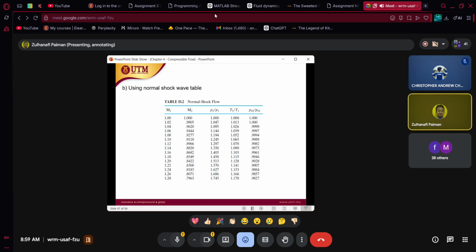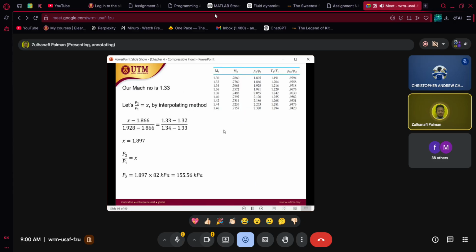It's a bit different from the isentropic flow table: here you will see there are 5 columns, but you can simply ignore the last column.